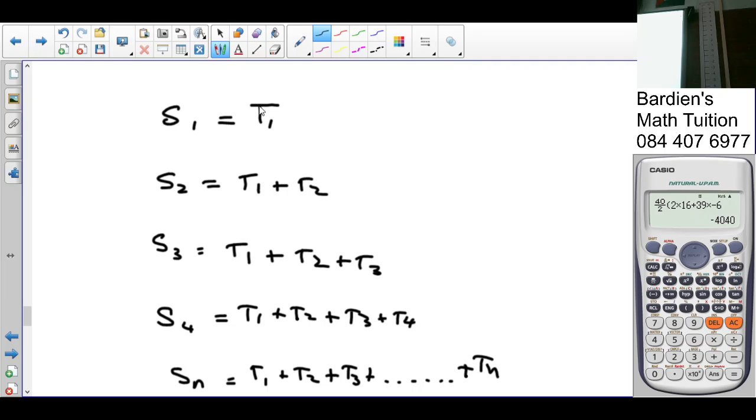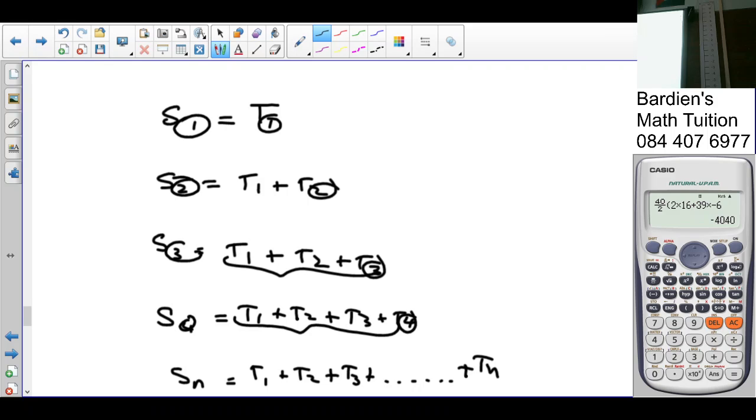Not so. So S1 is going to be the sum of the first term, S2 is going to be sum of the first term and the second term, S3 sum of three terms, S4 sum of four terms. As you can see there, that is the last term that corresponds to that there. Sn is going to be all the way to Tn. You will agree with that?